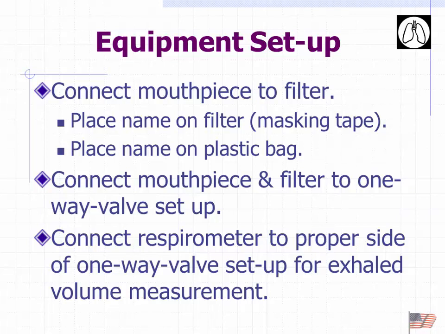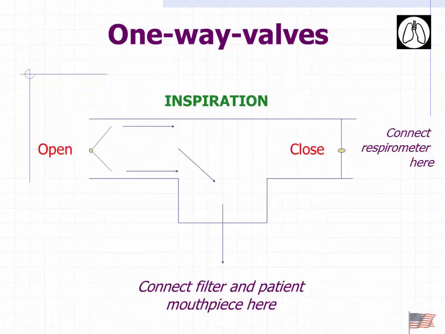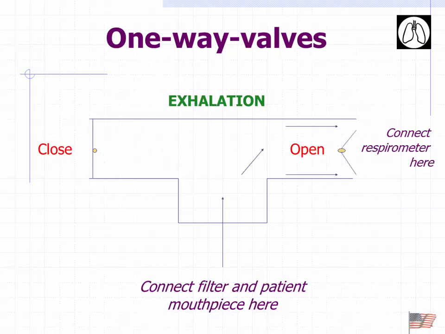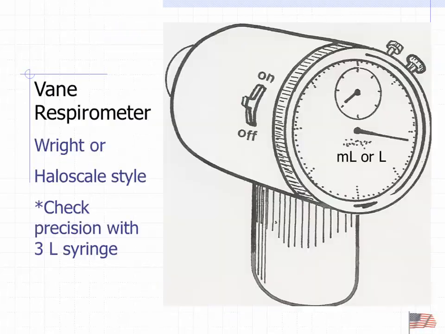Make sure that the one-way valve is going in the right direction. If I'm not seeing measurements on that spirometer, maybe I got it on the wrong end. We know the one-way valve opens as the patient breathes, and as they exhale I want the respirometer there, and on exhalation I'll collect that.